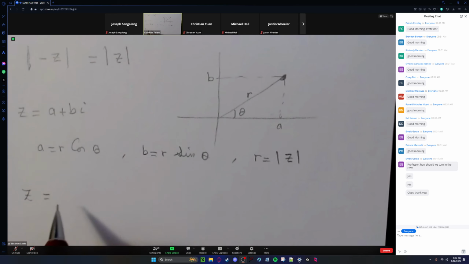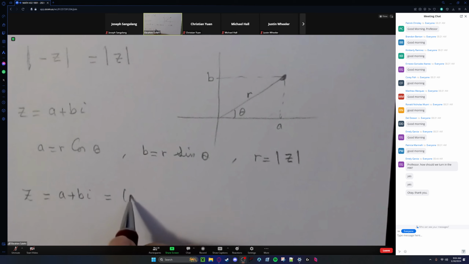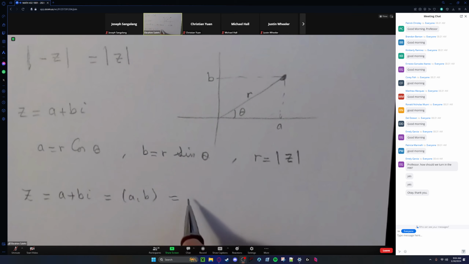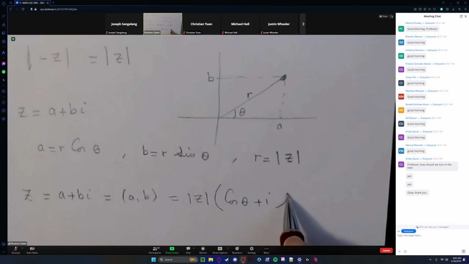Instead of A plus Bi, which is an ordered pair, you can factor out R, the modulus of z. Then you have cosine theta plus i sine theta.